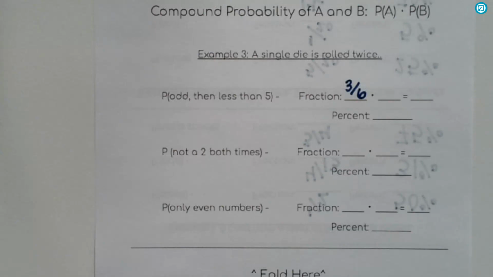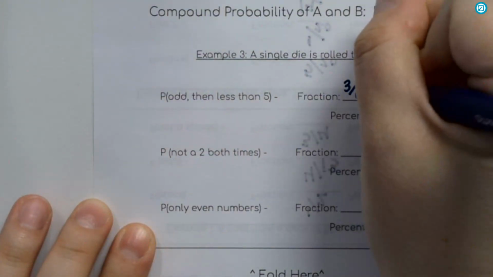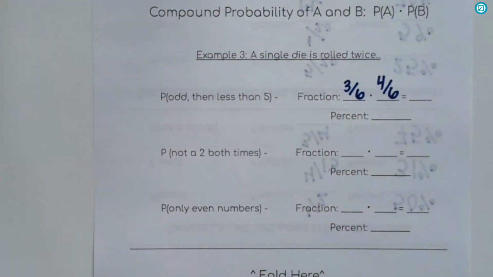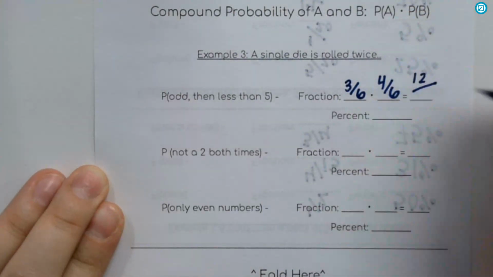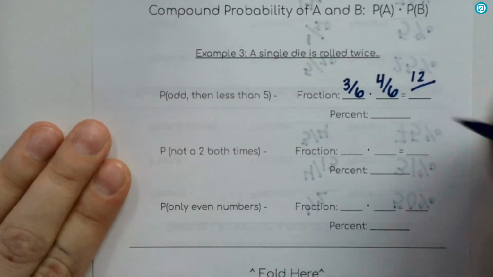Then the probability that we get less than 5. So 4, 3, 2, and 1. So that is going to be a 4 out of 6 chance. So we have a 3 out of 6 chance for that first thing happening, and a 4 out of 6 chance of that second thing happening. From there, we are then going to multiply things together. So we'll multiply our fractions. 3 times 4 is 12. And then 6 times 6 is 36.